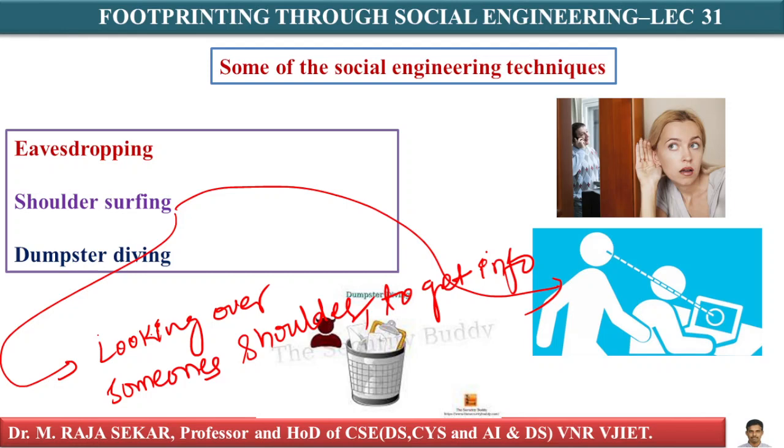Shoulder surfing can also be done from long distances with the aid of binoculars or other vision enhancing devices. Shoulder surfing is a technique where attackers secretly observe the target to gain critical information. Attackers gather information such as passwords, personal identification numbers, account numbers, credit card information, etc.